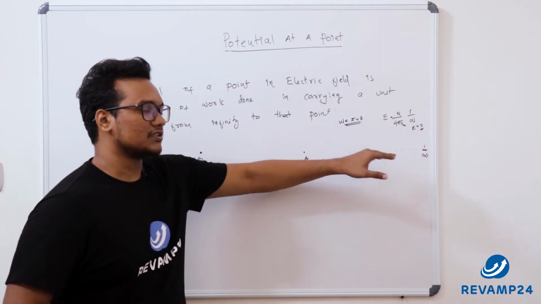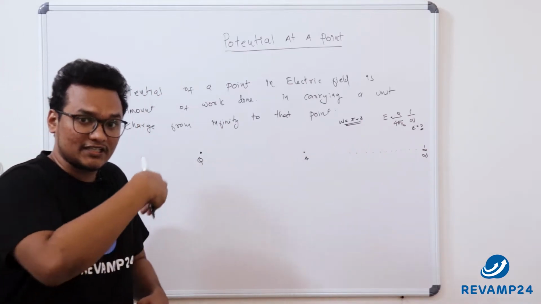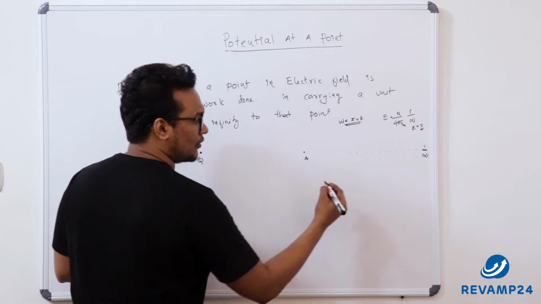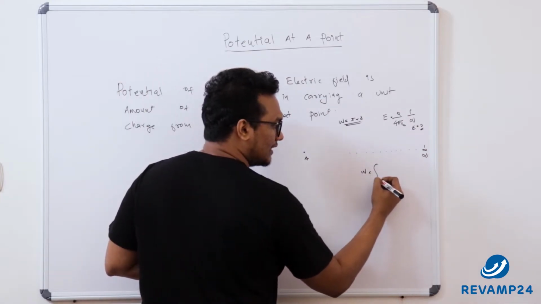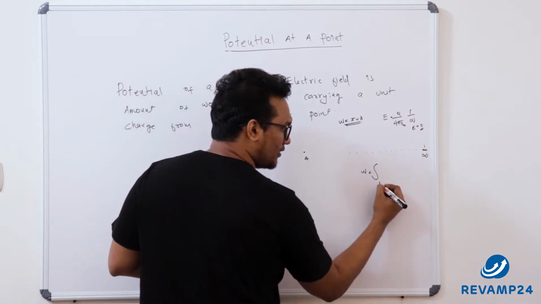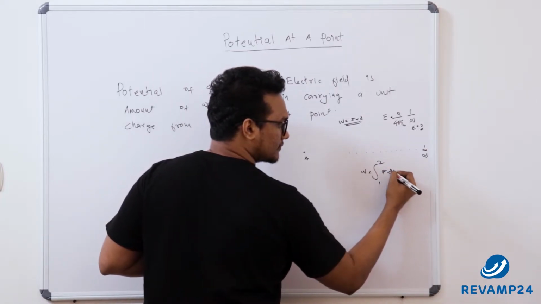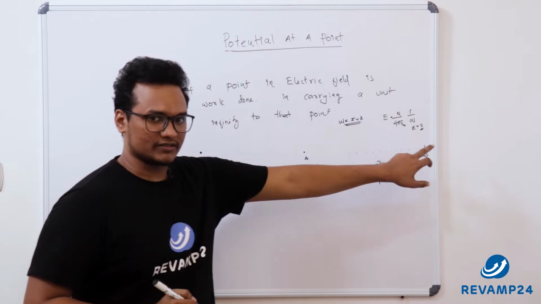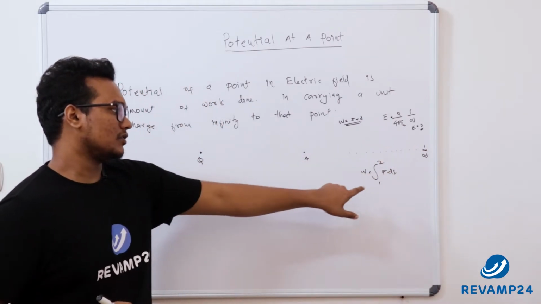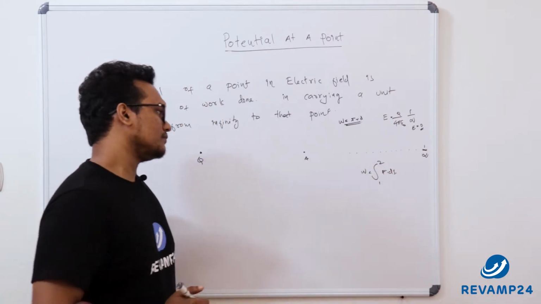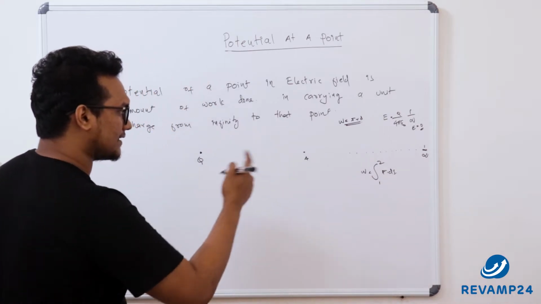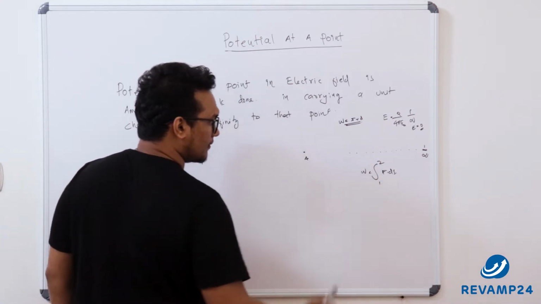Now in this process we have to do integration. Whenever it is a variable force, the equation for work done is the integral from position 1 to position 2 of F dot ds. Clear? It's a variable force, right? From infinity till A. This is the equation we have to use, and we will substitute the values in it.